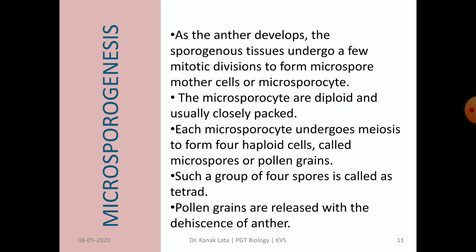These microsporocytes are diploid and closely packed. The microsporocytes divide meiotically to form 4 haploid cells called microspores or pollen grains. They are in groups, so they are called a tetrad, consisting of 4 pollen grains. Then they are released when the anther dehisces.